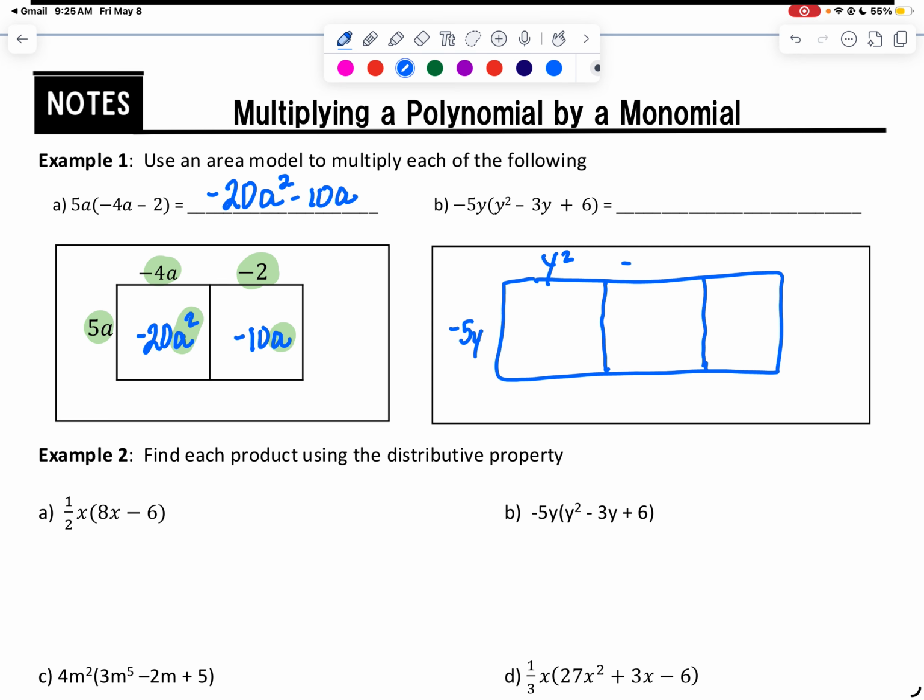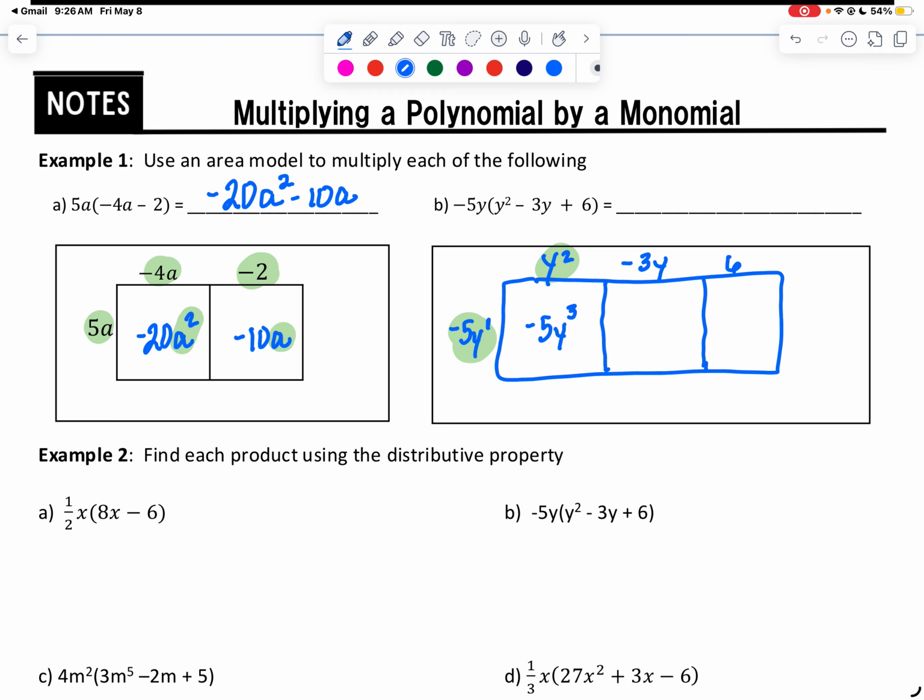So we have y squared, negative 3y, and positive 6. Now, I'll take the monomial and multiply it by my first term. Negative 5y times y squared would be negative 5y to the third power. Remember, when we're multiplying like bases, we add the powers. So 1 power plus 2 is 3.